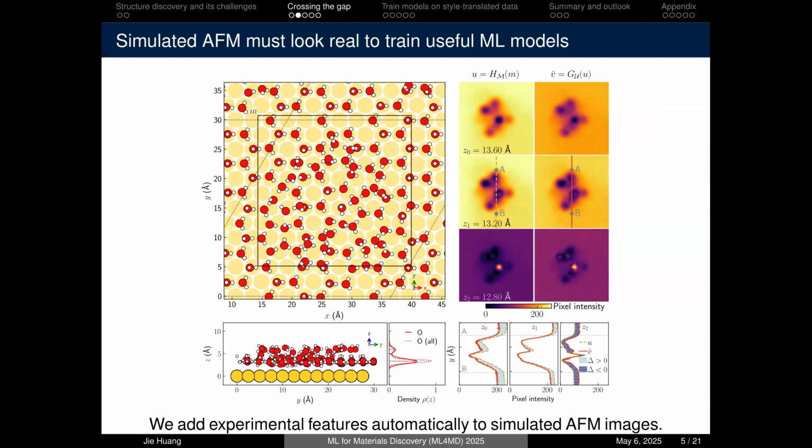We do the simulation on structures, and we get the simulated AFM images. And then we do style translation on these simulated images to make them more realistic. This style translation method is a neural network, and it learns from experiment.